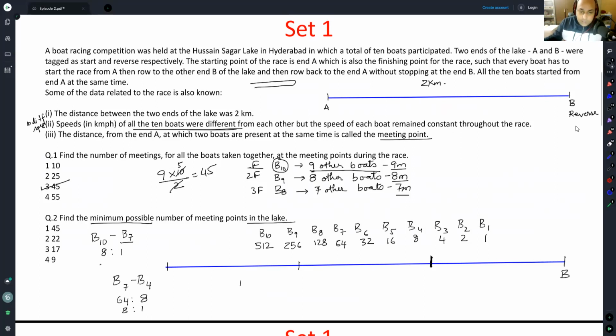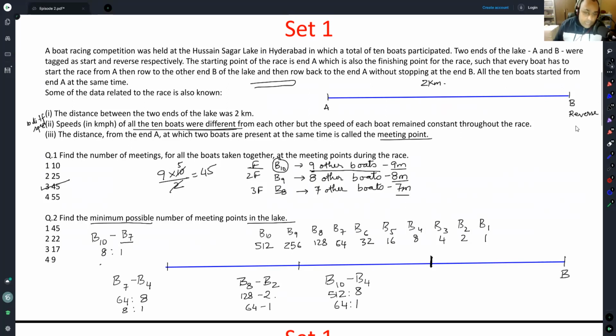Or let's say I wanted a ratio of boat 8 and boat 2. The ratio of the speed is 128:2, or 64:1. If this is what I need, I can replicate the ratio with boat 10 and boat 4. 512:8, the ratio of speeds will now be 64:1 all over again.